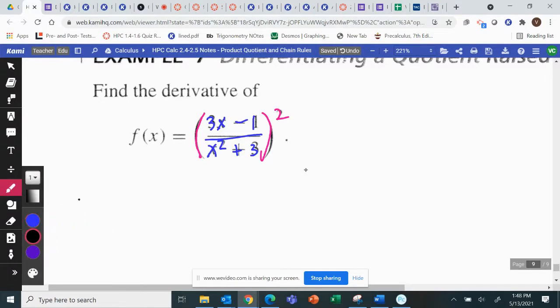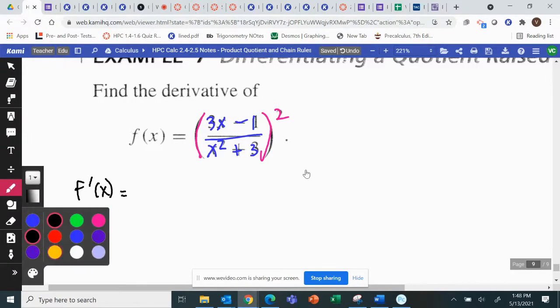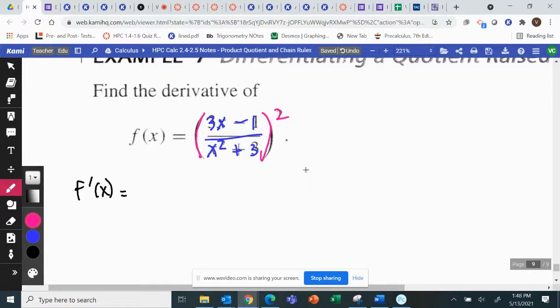So we'll go ahead and take the derivative. My outside becomes 2, 3x minus 1 over x squared plus 3 to the first power, multiplied by the derivative of the inside. So how do I do the derivative of the inside? Quotient rule.